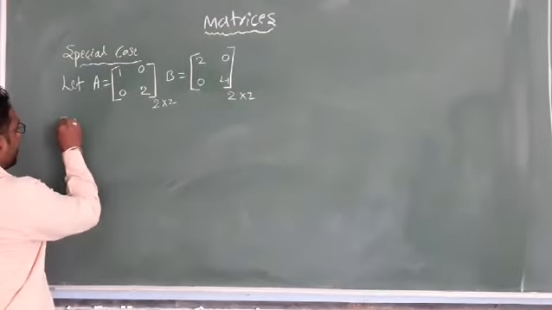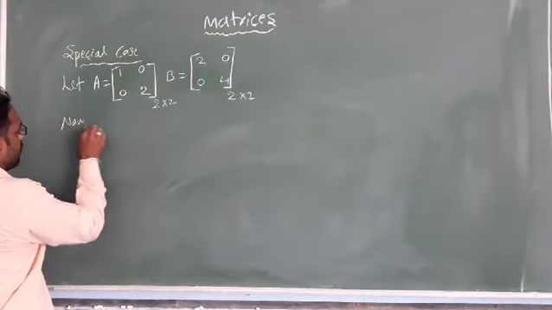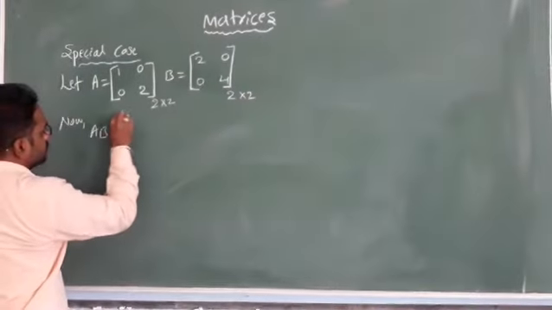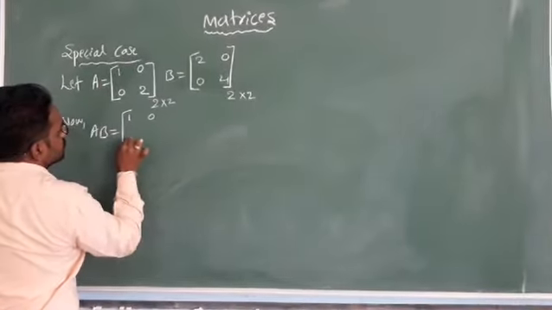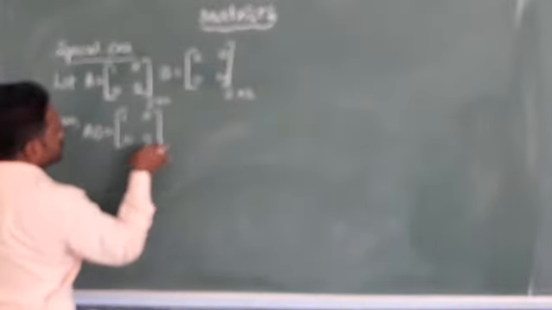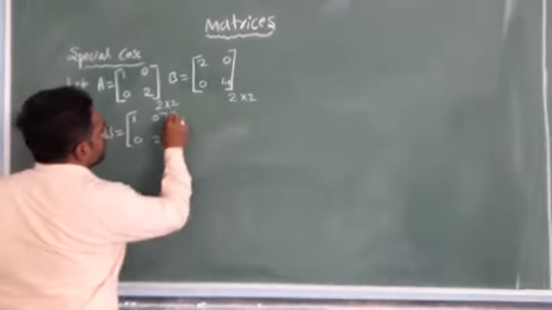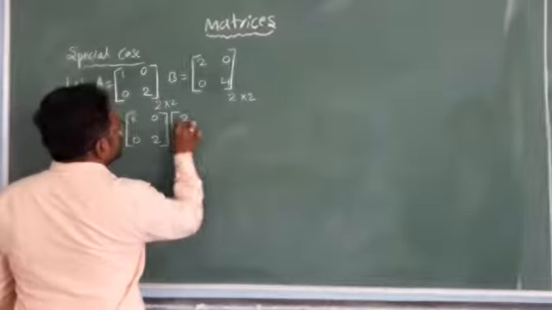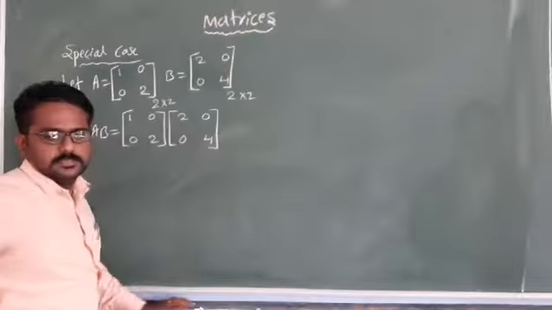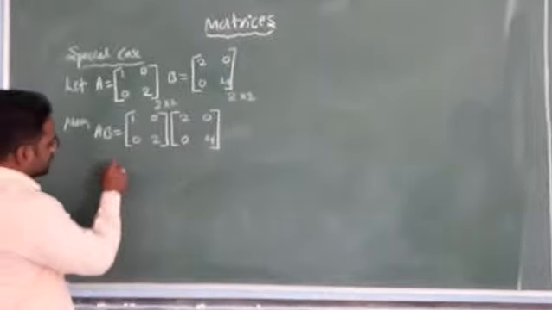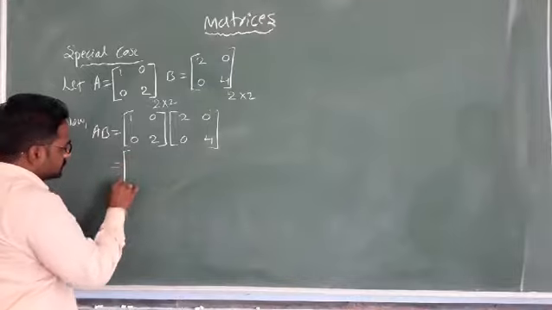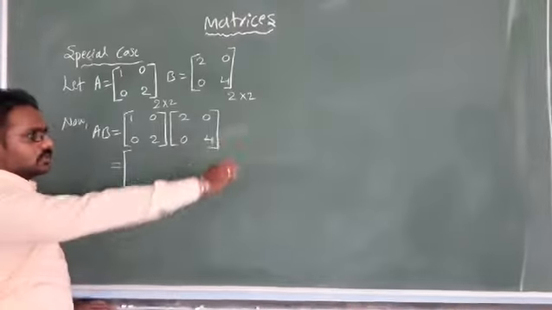Now AB equals 1 0 0 2 into 2 0 0 4. These are the two examples I have considered here. So what is the product of these two matrices? What is the rule?